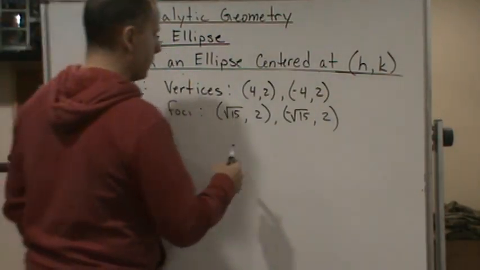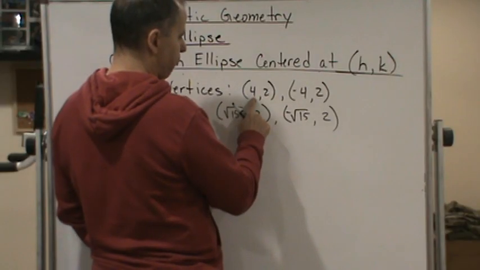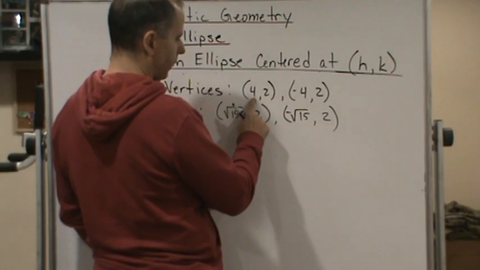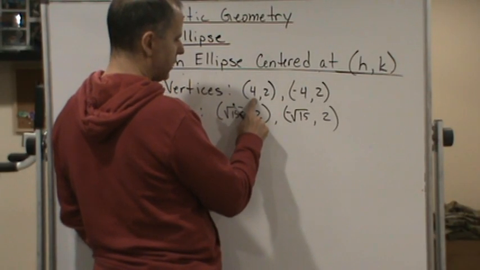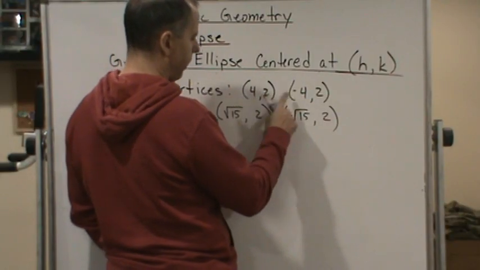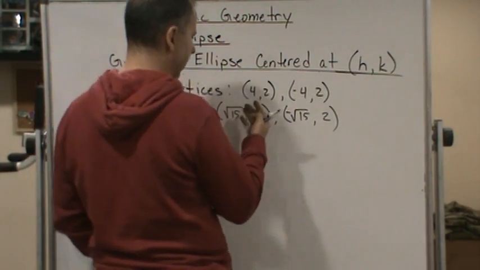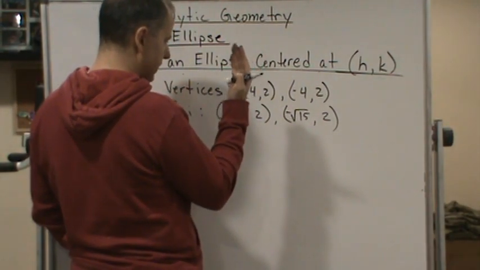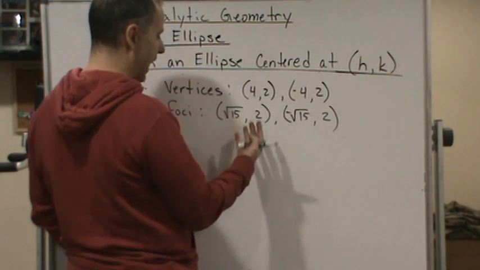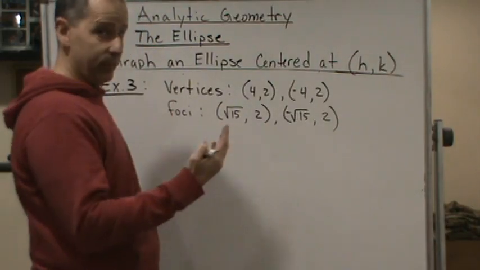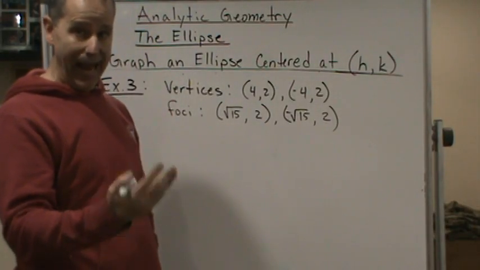Now here, notice that the x value goes from positive 4 to negative 4. Remember, the center of the ellipse has to lie on the major and minor axes.